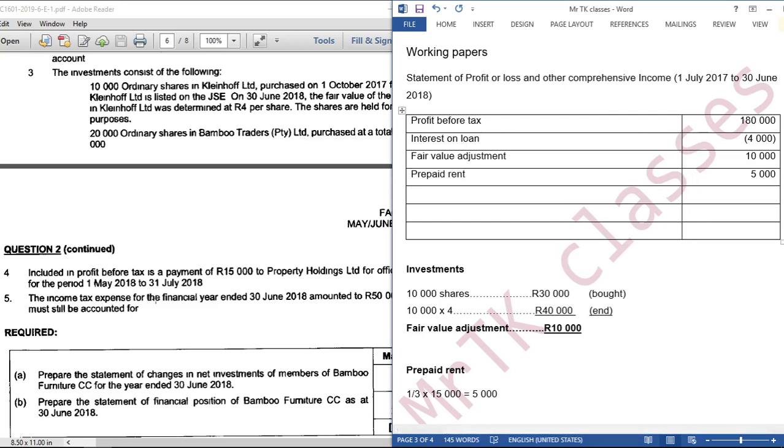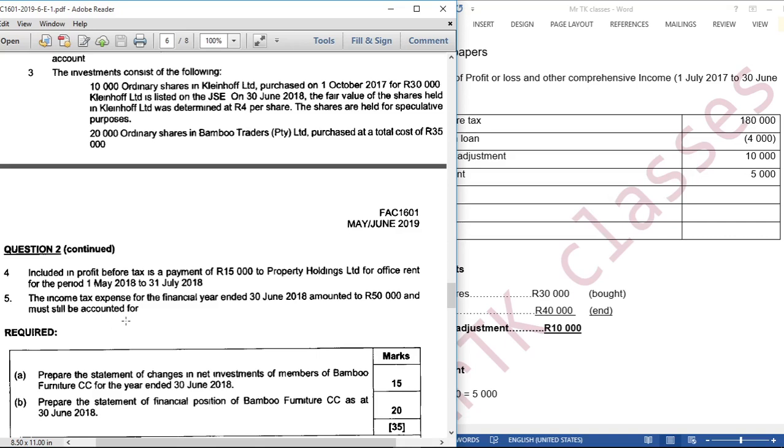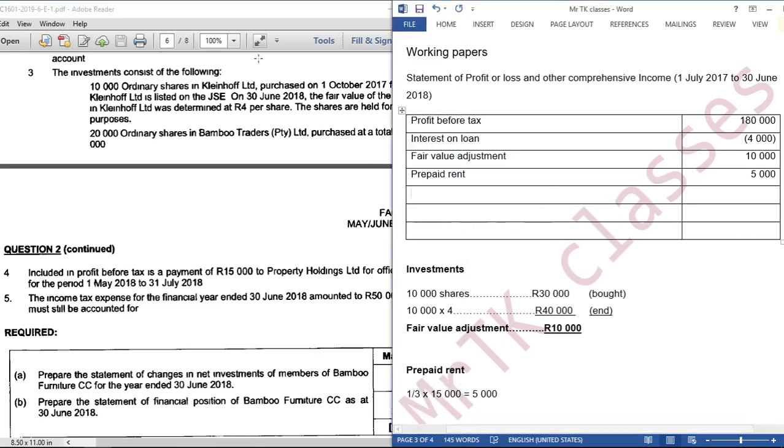The income tax expense for the financial year ended 30 June 2018 amounted to 50,000 and must still be accounted for. All right. 50,000 income tax must still be accounted for. So we are going to say income tax. And even if you look at this one, it says profit before tax.